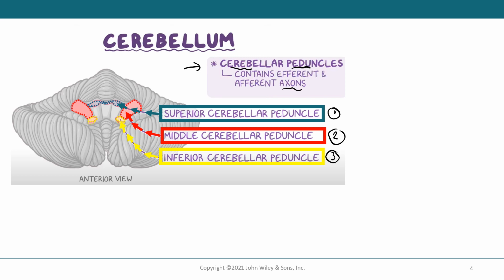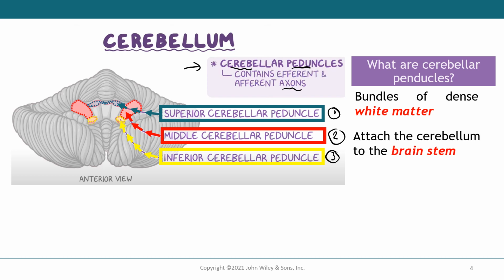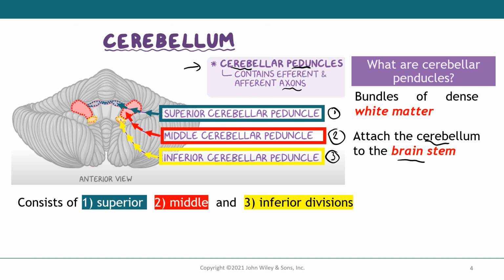Okay, so let's recap all the information that I told you here. If somebody asks you what are the cerebellar peduncles, you will say that they are bundles of white matter that allow the cerebellum to attach to the brainstem. And I told you that each one of these three components, the superior, the middle, and the inferior divisions, will help to attach the cerebellum to these different regions of the brainstem.